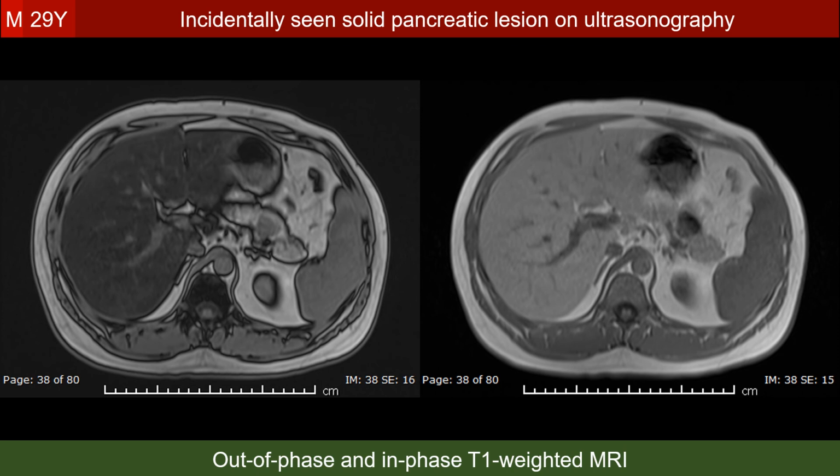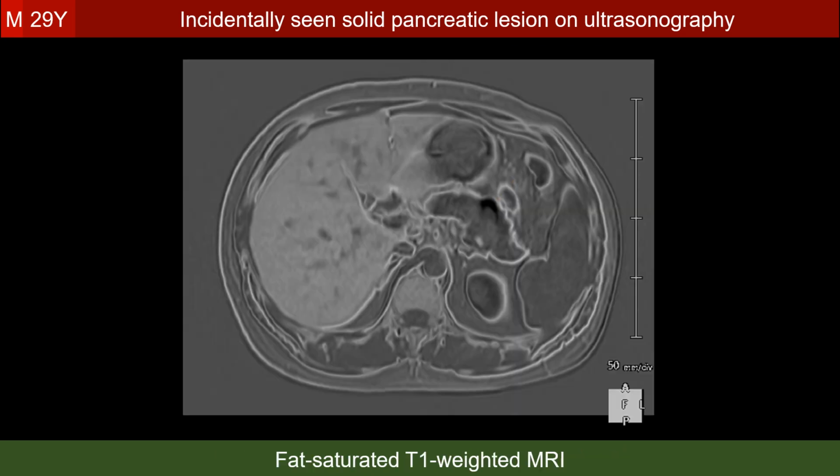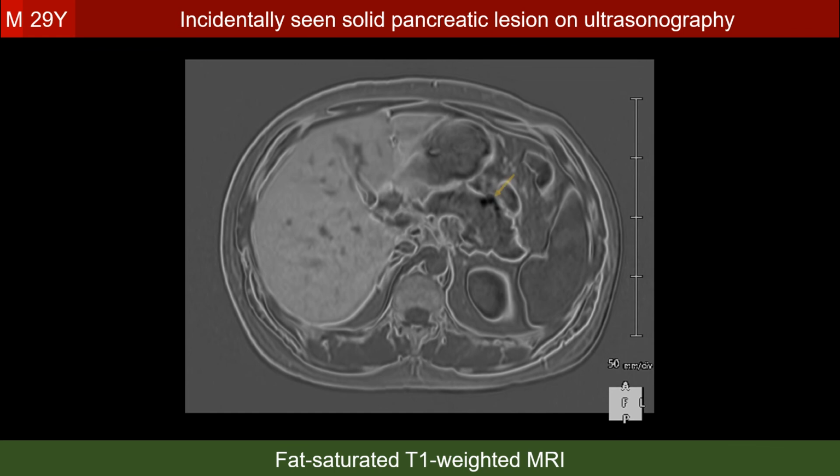This is due to the accumulation of iron within the lesion due to hemorrhage. And it is better appreciated when we subtract the out-of-phase image from the in-phase image. Now it is clearly seen as a dark crescent within the lesion.